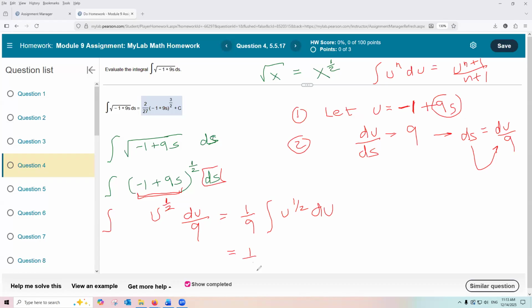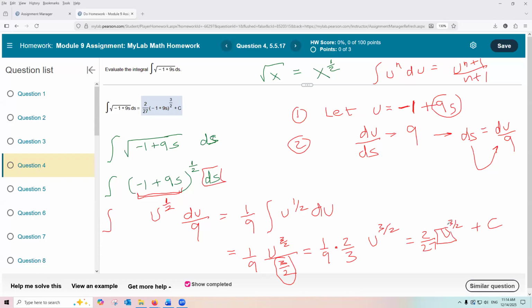So there's going to be 1 over 9 times u to the 3/2 over 3/2. When you divide by a fraction, you can flip this fraction upside down and change to multiplication. So it's going to be 1 over 9 times 2 over 3 u to the 3/2. So this is 2 over 27 u to the 3/2 plus a constant.